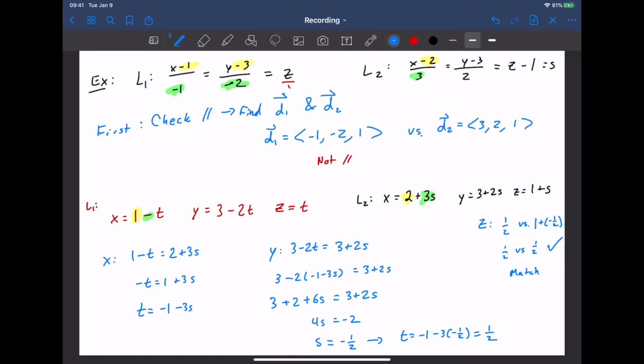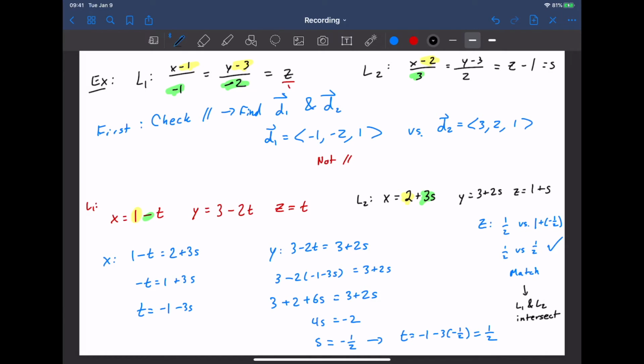We found a t value and an s value where the two lines have the same exact x, y, and z coordinates. What does that mean? L1 and L2 intersect.